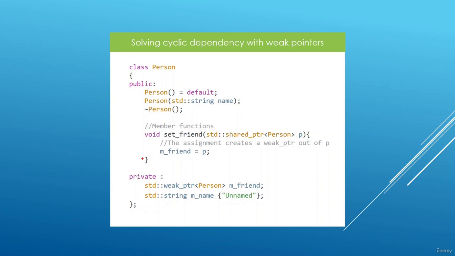And one might think that these pointers are really useless, but if you happen to have cyclic dependencies in your C++ code, they are going to be saving your day because they don't increment the reference count, and they are going to be allowing your objects to be properly released from memory if you have cyclic dependencies in your code, and we had a chance to play with this.